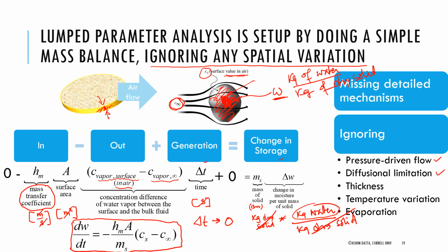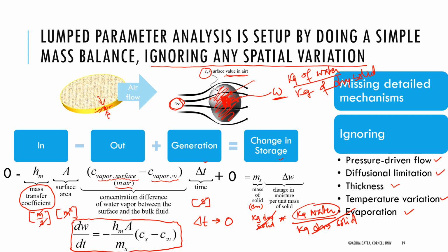We are not even talking about the thickness, which is part of the diffusional transport. And if we are heating this up, or even if we don't want to heat up, there's going to be some temperature variations across this. Maybe small, but we are certainly ignoring that. And also there's evaporation that we are ignoring.